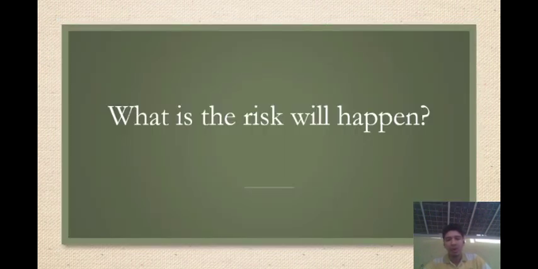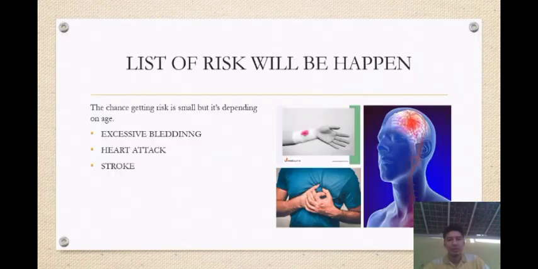So what are the risks that will happen when we use a polymer stent? This is a list of the risks that will happen. The risk depends on age. If the patient is young, the risk is unlikely to happen to them.